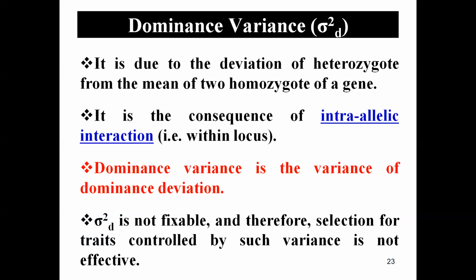I think you remember that scale from the previous class. So dominance variance is the variance of dominance deviation. It is not fixable, although it is a component of genotypic variance. So selection for traits controlled by such variance is not effective. In this case, heterosis breeding may be rewarding.